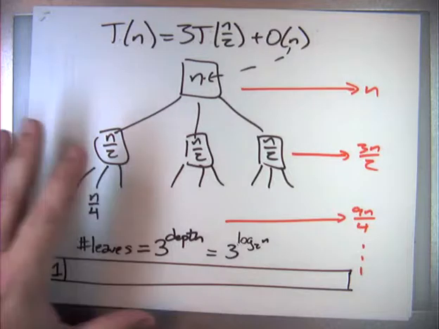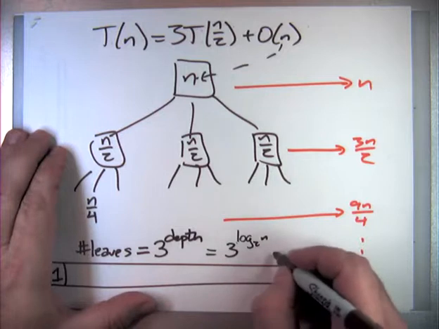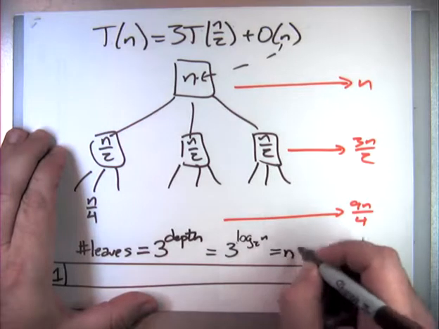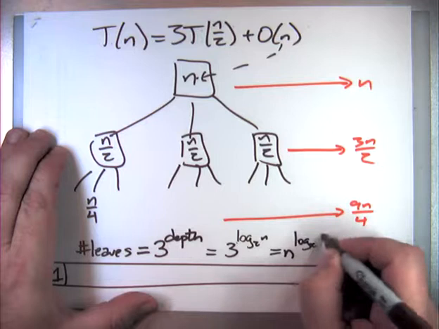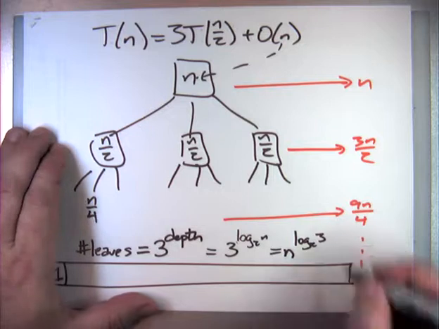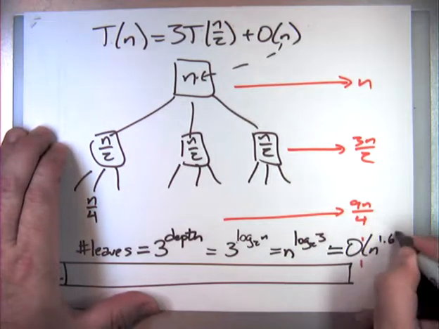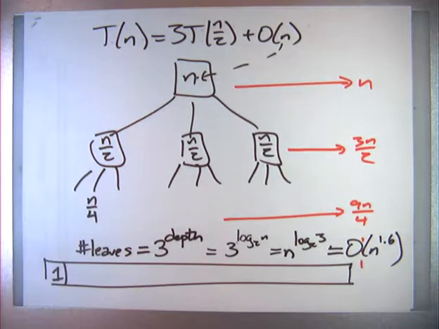Right? Now, a to the log of b is the same as b to the log of a. This is one of these things that you just know because you had high school. And this is about n to the 1.6. So log base 2 of 3 is about 1.6 something. So this, in fact, really is a subquadratic algorithm.